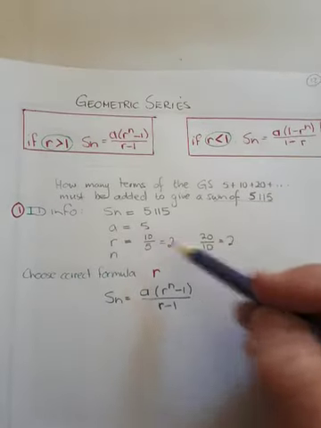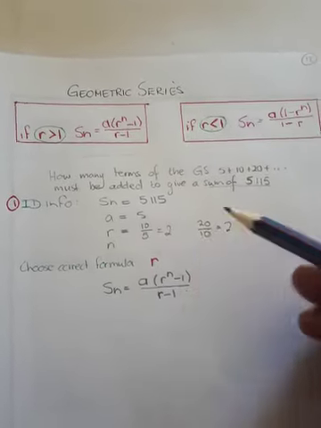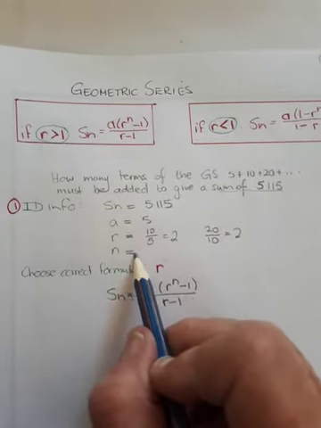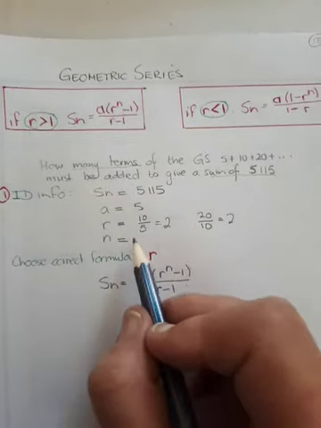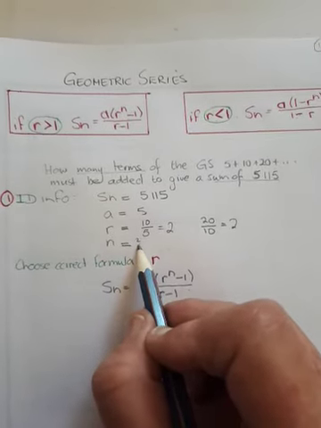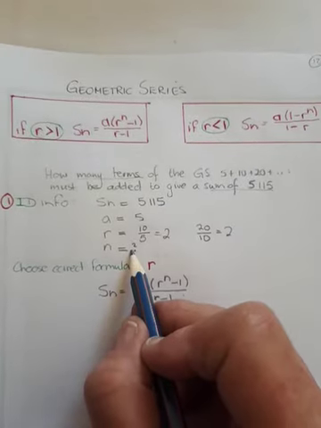All right, so importantly, always check that your ratio is really the same. And then n, the question is how many terms. So in this case, it is the question mark. Right, that is a variable.